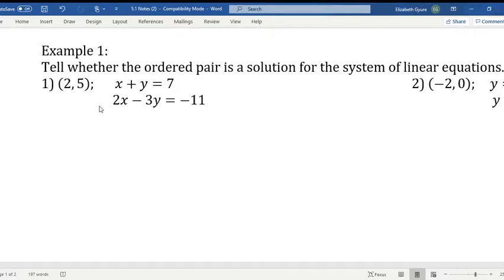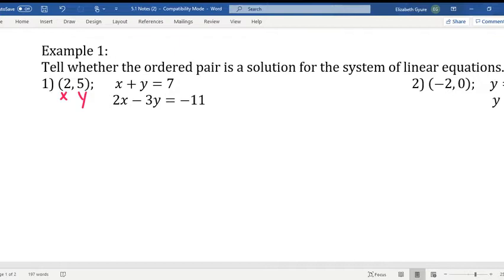So here you have a point, and remember in a coordinate point, this is your x, right? This is your y. And then we have two equations. We have the equation x plus y equals 7, and we have the equation 2x minus 3y equals negative 11.